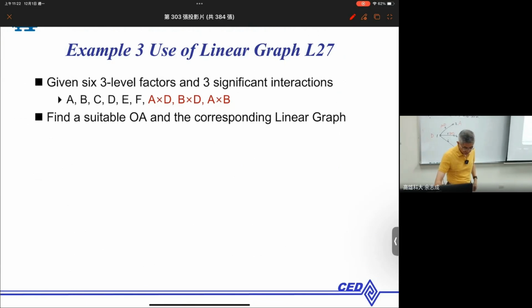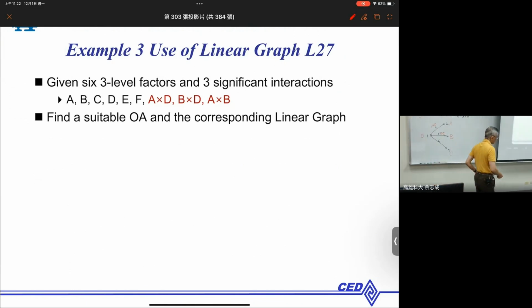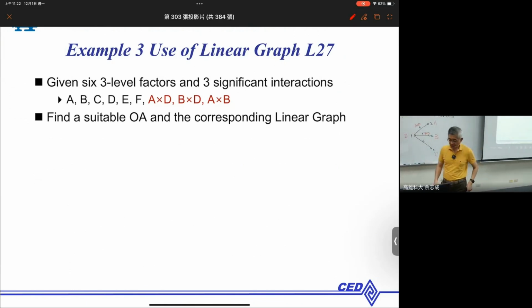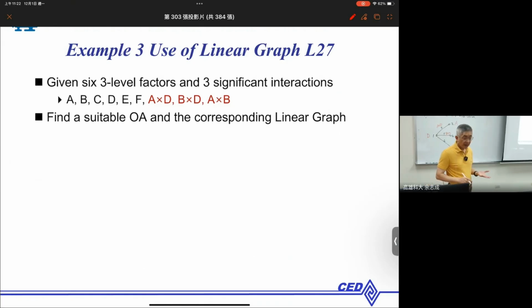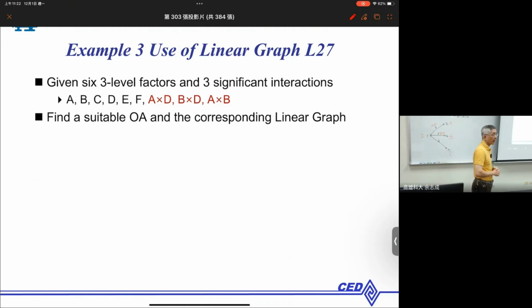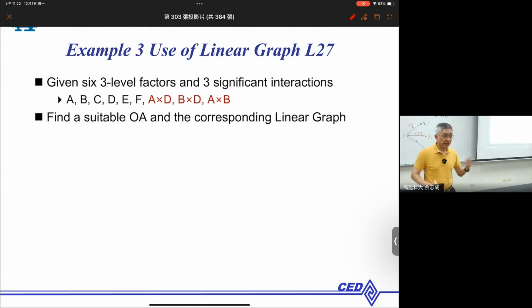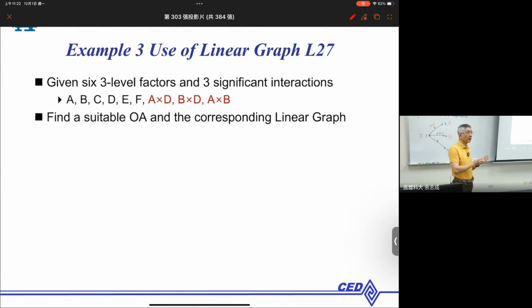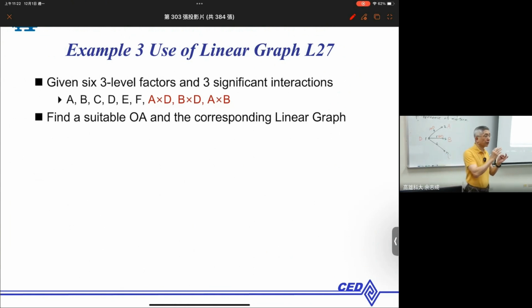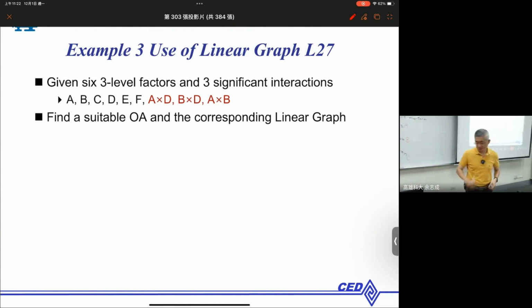And there's another situation you can consider. As we mentioned before, A has 2 degrees of freedom, which means that it has 2 independent variables, A1 and A2. We don't need to find the main effect A3 because the summation of A1, A2, A3 needs to be 0.